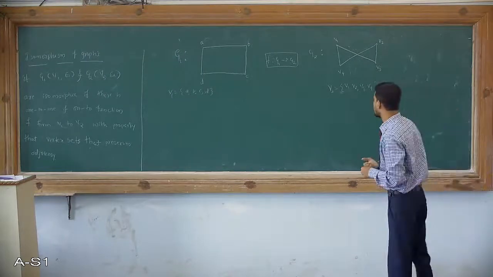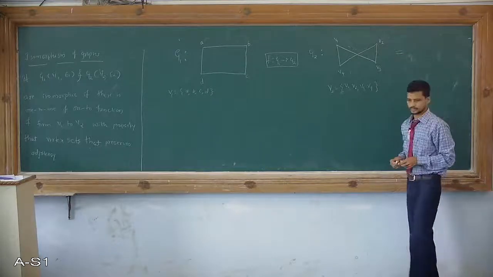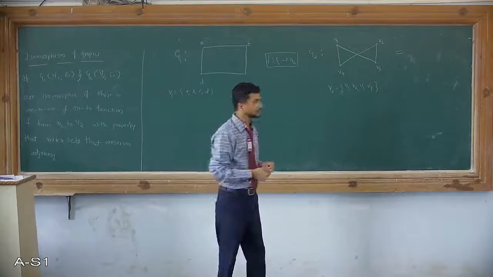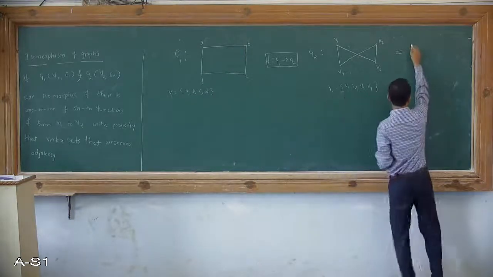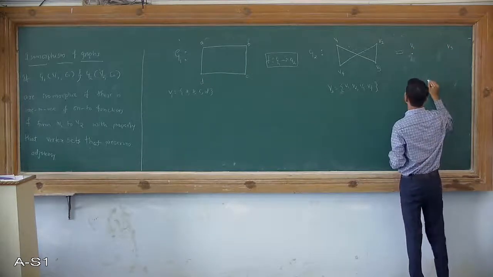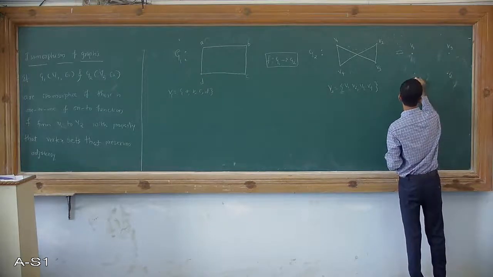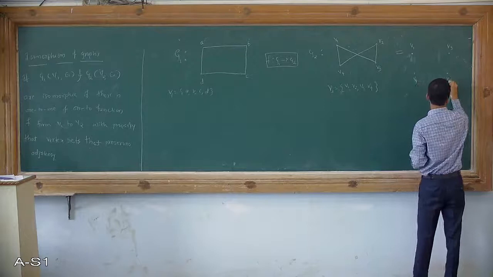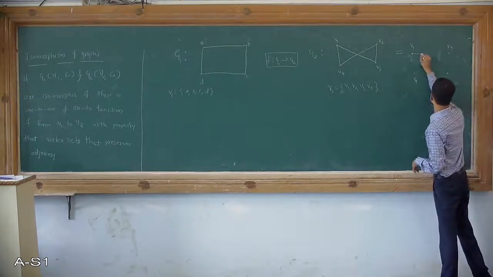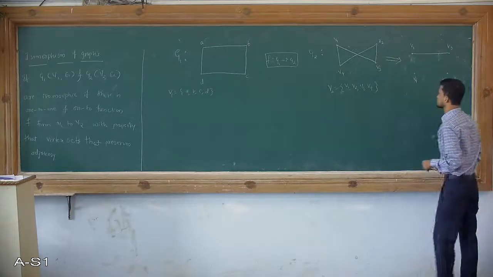Now I will redraw this graph in a different manner. I will take it as V1, a vertex V3, it is V2 and it is V4. V1 and V3 are connected, yes. So I am equating here, same graph.